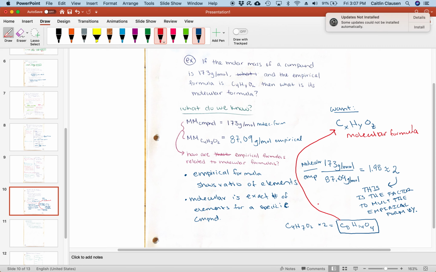It's the molecular formula. So if you have the molar mass of the molecular formula and you have the empirical formula, you can compare those two molar masses. You get the factor out that you need to multiply your empirical formula by to get your actual molecular formula.